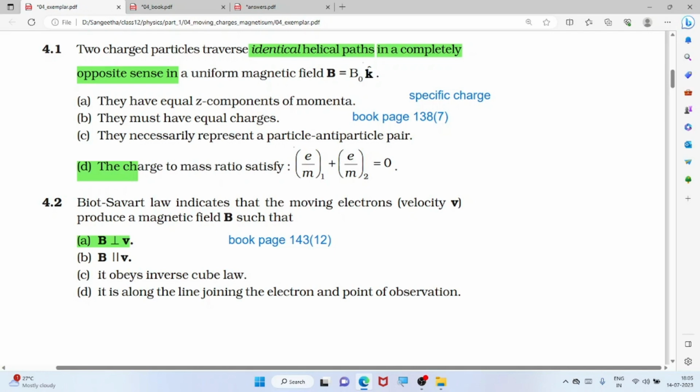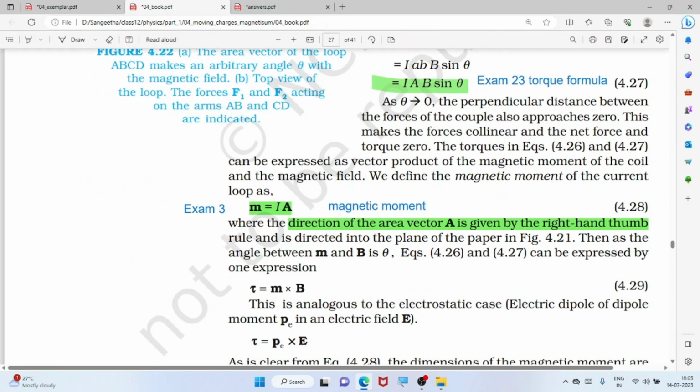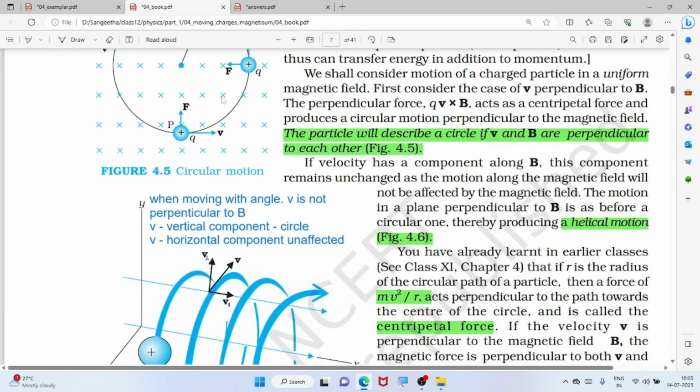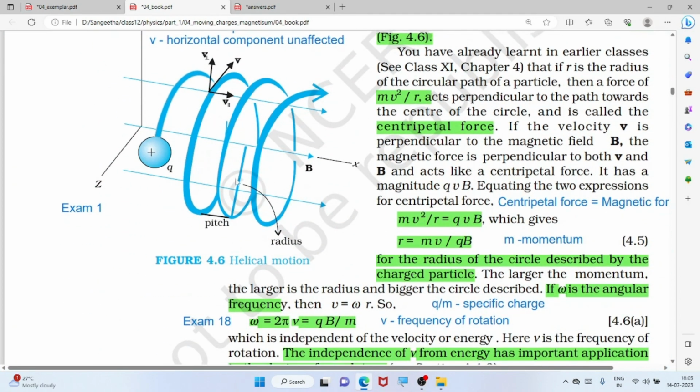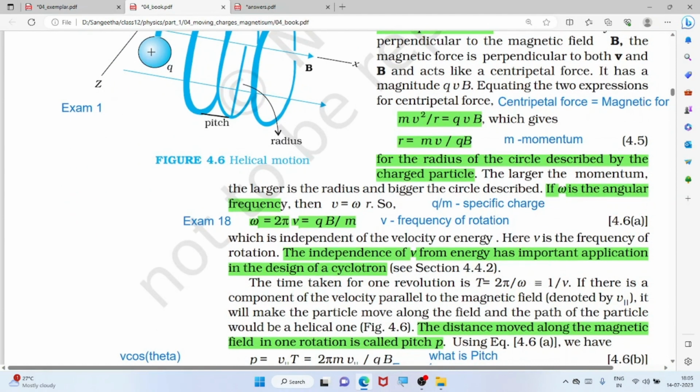Because they are oppositely charged, adding the two e by m ratios will be 0. Here this is a helical path, and you use this formula, so you will find that the specific charge of two oppositely charged things will be 0.